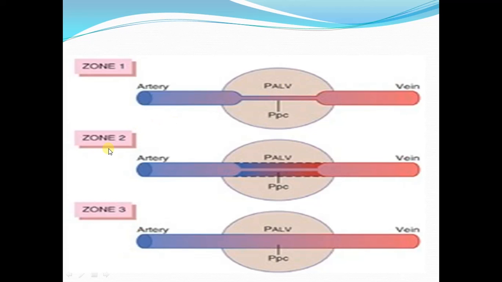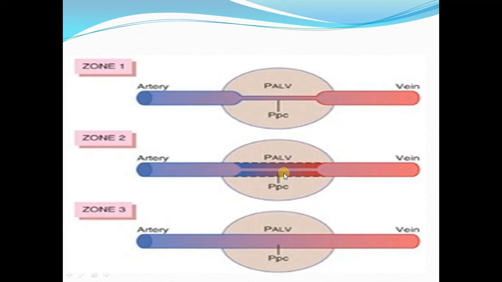In zone 2 blood flow, there is intermittent blood flow. During systole, when the arterial pressure becomes greater than the alveolar pressure, simply we can say that capillary pressure becomes greater than the alveolar air pressure, it will cause blood flow through the capillaries.